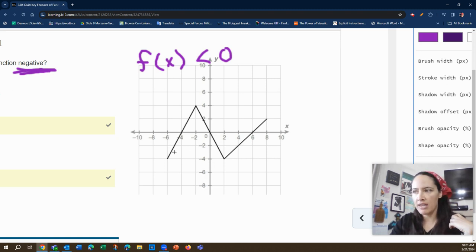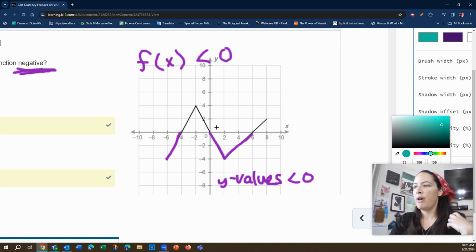As we go down here, it's negative. So let's highlight it in purple. It's negative. For the purple section, the function f of x, the y values are negative, or specifically less than 0, because that's how we would describe a negative number.